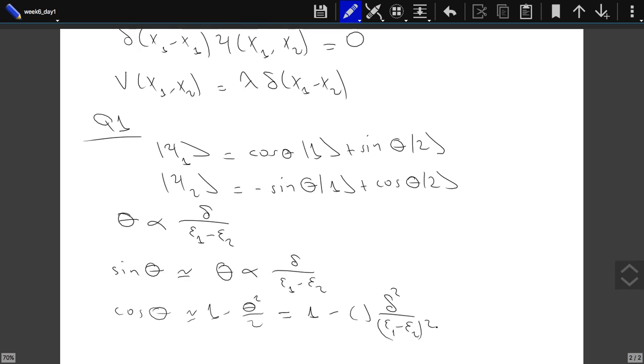So there's a delta squared correction over here, not in theta. The next correction to theta is delta cubed, which we are ignoring, but up to delta squared, cosine theta also is not 1.